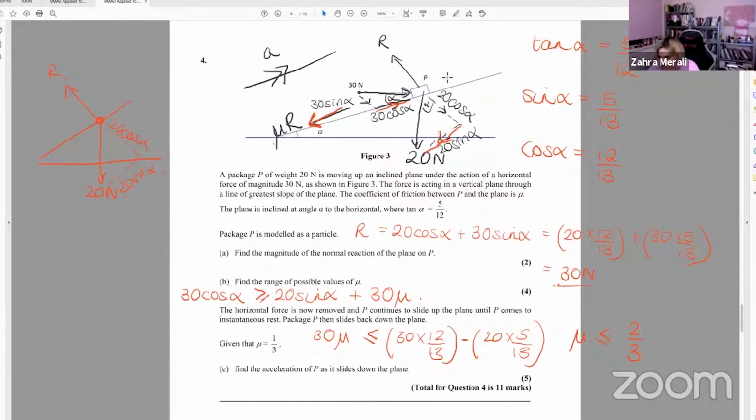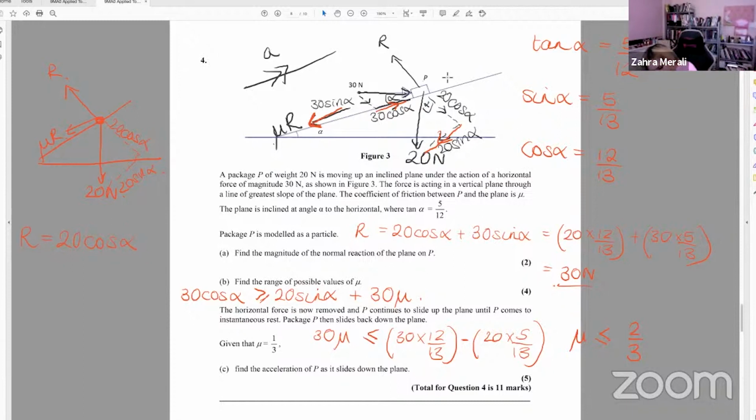well, you don't know if it's going up or down, but you need to find your friction. So initially it keeps going up, so you know you've got mu R going that way. Right, so you know that your mu R is equal to 20 cos alpha because that horizontal force is gone.